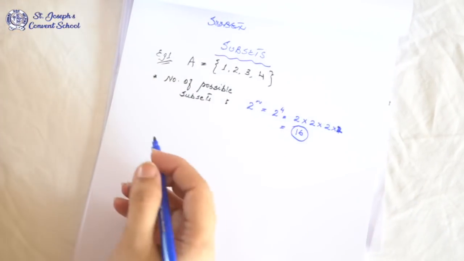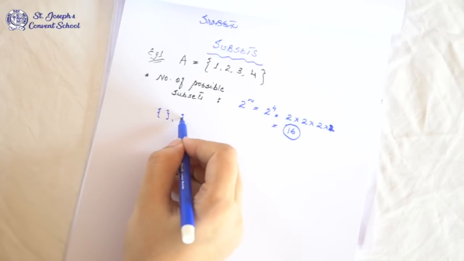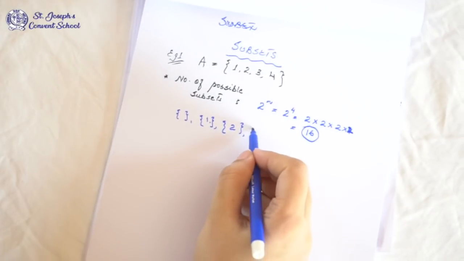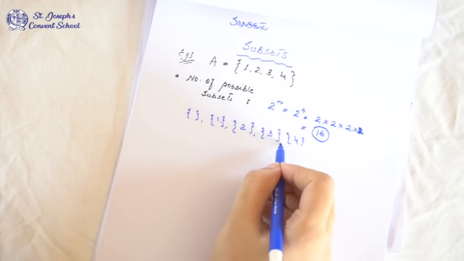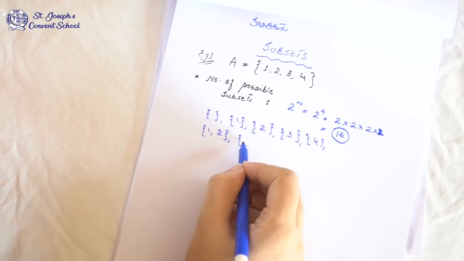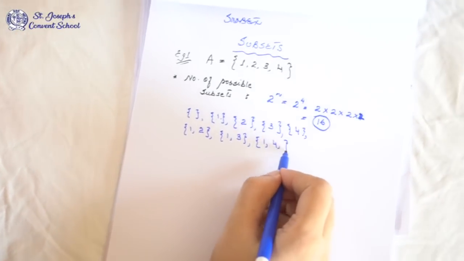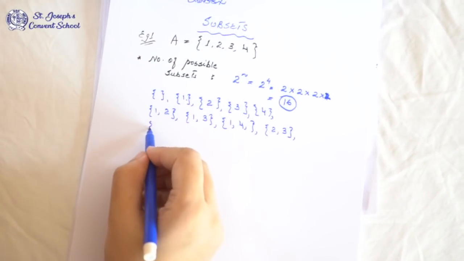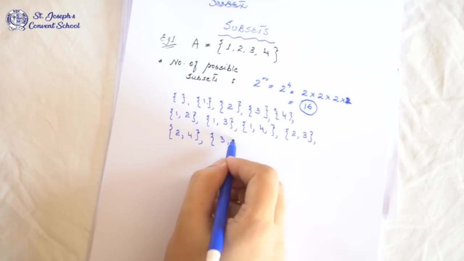Start from the null set, always start from the null set. Then we take 1 element, then take 2 elements: 1 2, then 1 3, then 1 4, 2 3, 2 4, 3 4.